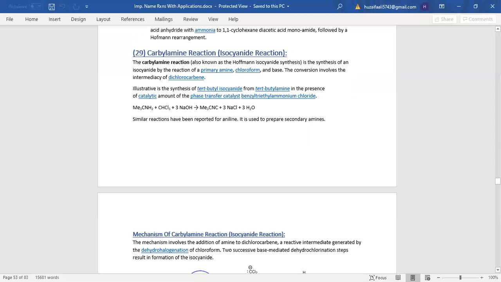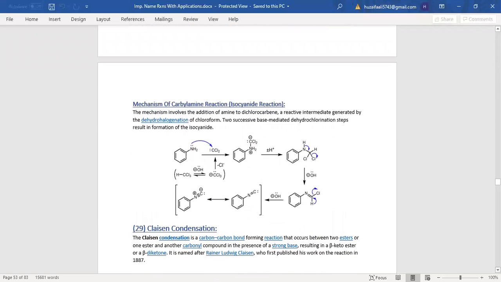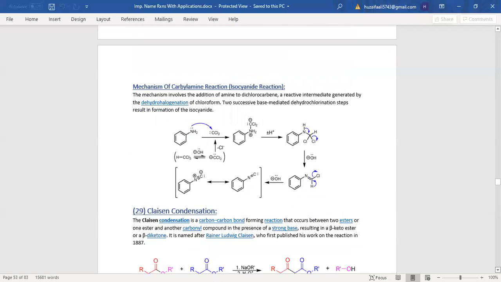Illustrative is the synthesis of tertiary butyl isocyanide from tertiary butyl amine in the presence of a catalytic amount of the phase transfer catalyst benzyl triethyl ammonium chloride. Similar reactions have been reported for aniline. It is used to prepare secondary amines. Mechanism of carbylamine reaction.